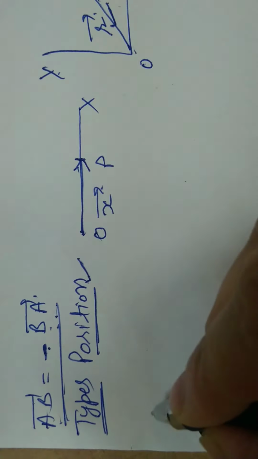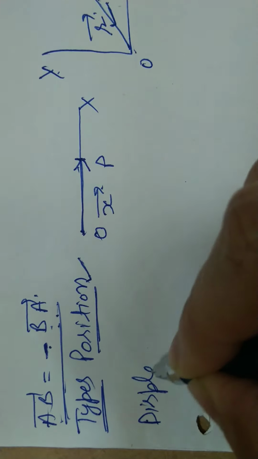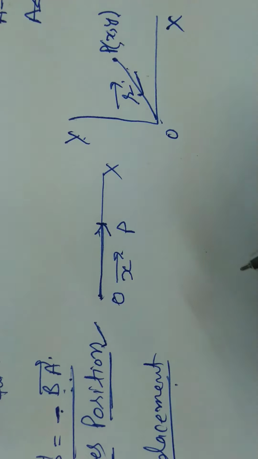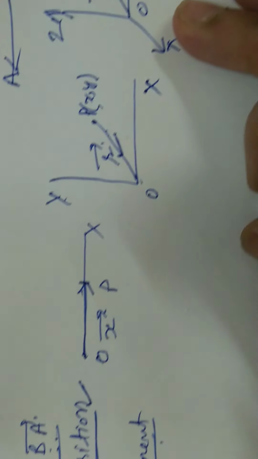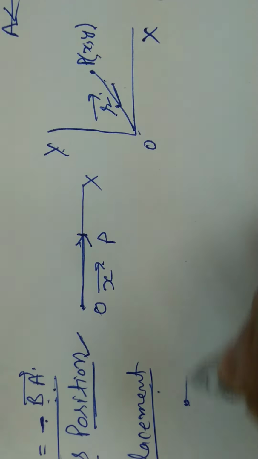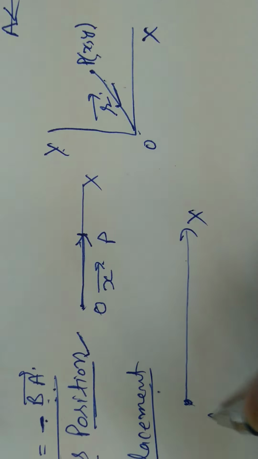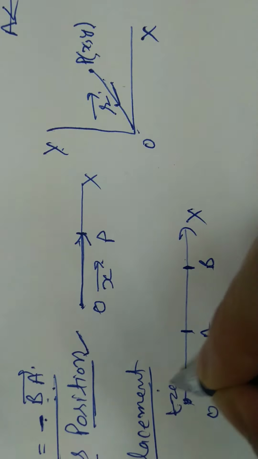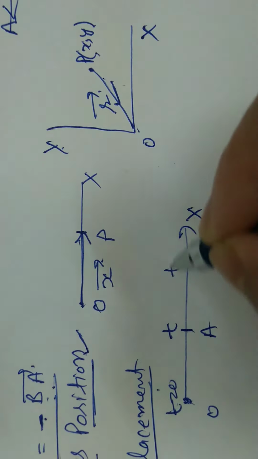For the second type we have the displacement vector, which gives the change of position with respect to time. Again in one dimensional motion, this is point A, this is point B, this is the origin, with time t and t dash.